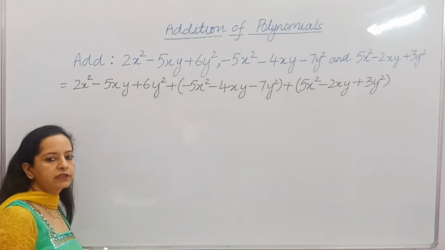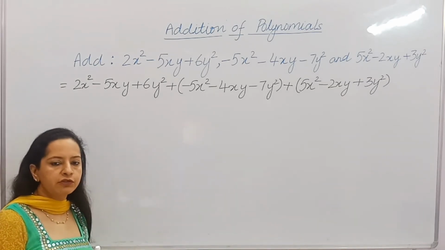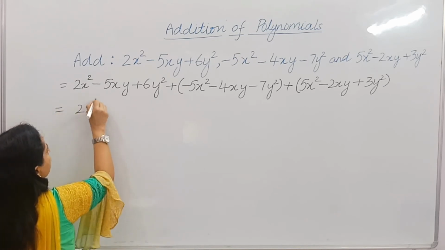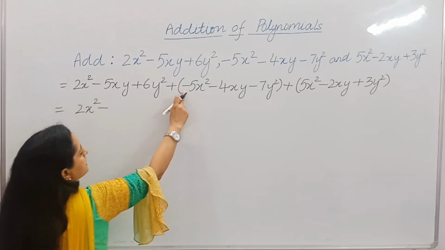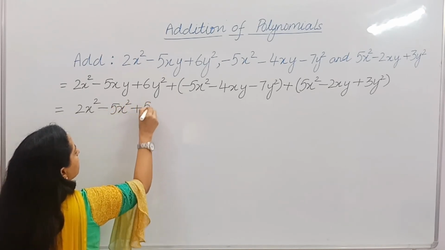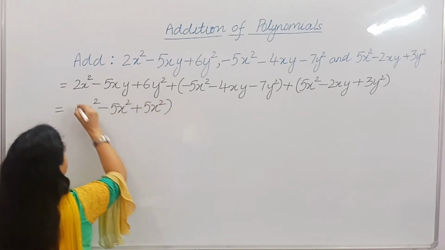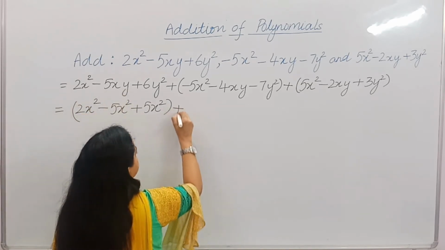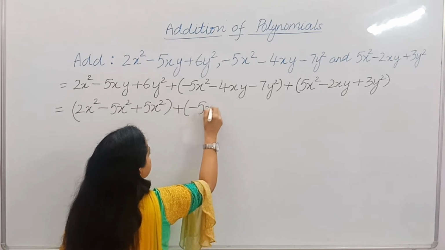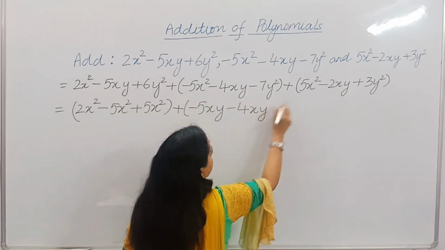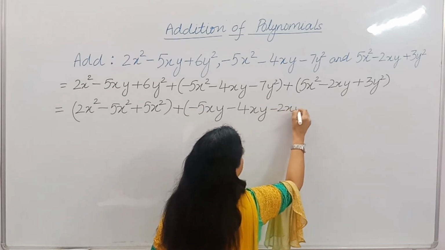Putting the like terms together, that is the terms with the same literal coefficient. So putting x square together, 2x square. In this case I have got minus 5x square and the last one plus 5x square. Now putting the terms with literal coefficient xy together. So minus 5xy minus 4xy and here minus 2xy.